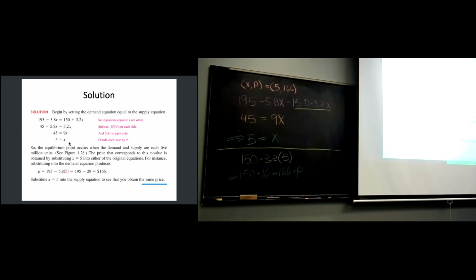Notice it doesn't matter which one you used, right? It doesn't matter because you just solved for when they're the same. You solved for the X value that gives the same Y value. So go ahead and pick either equation, put that X back in, and you're going to get the same Y. Cool.